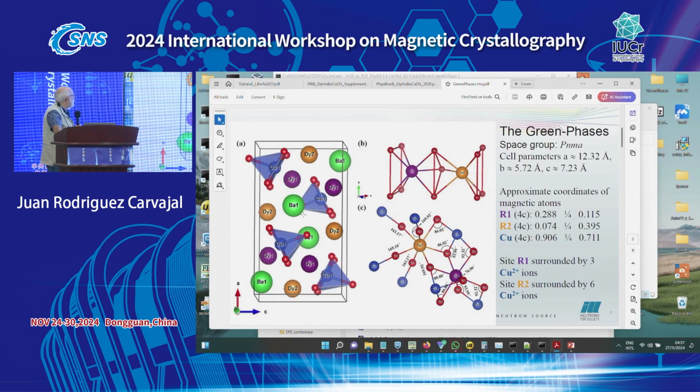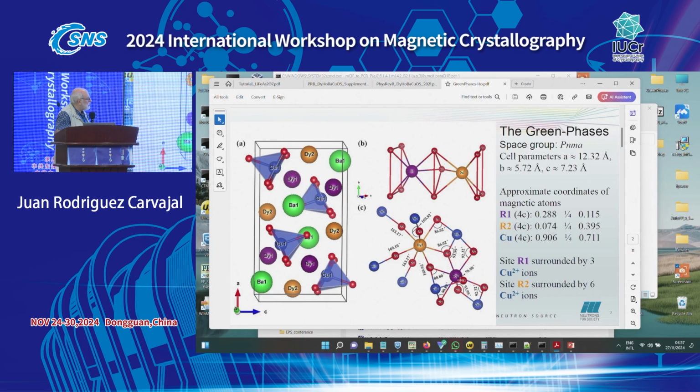And you have two types, dysprosium 1 and dysprosium 2, or holmium 1 and holmium 2, two types which are similar from the point of view of the coordination polyhedra, but if you look at the surroundings of the copper atoms, there is one in which you have only 3 copper ions, and the R2 are surrounded by 6 copper ions.